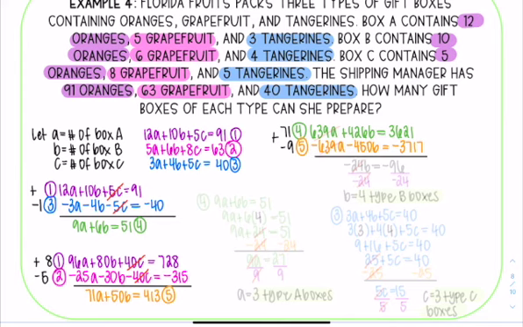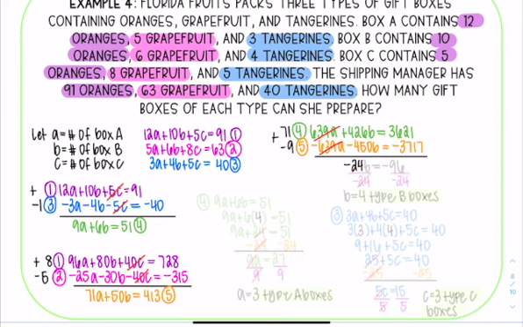And so when I add these together, the A's end up canceling, and we end up getting -24B equals -96.